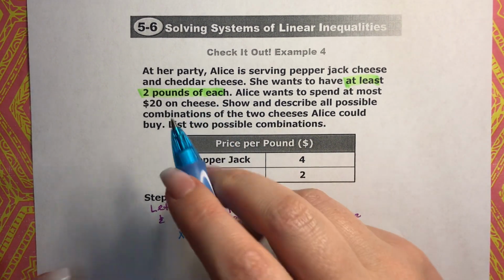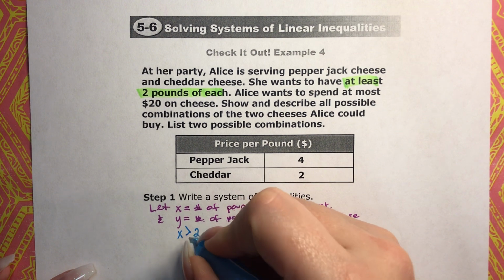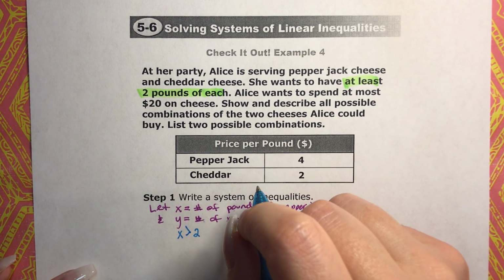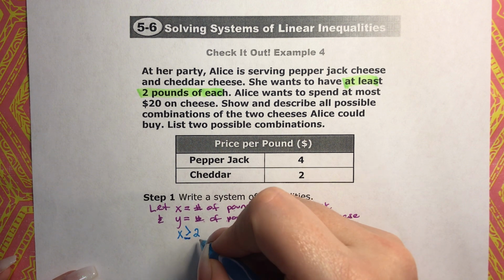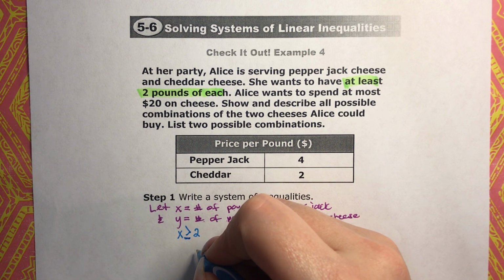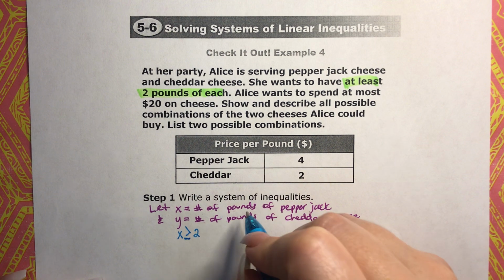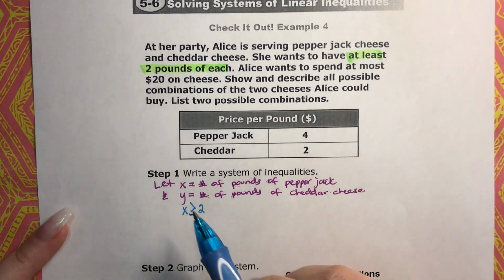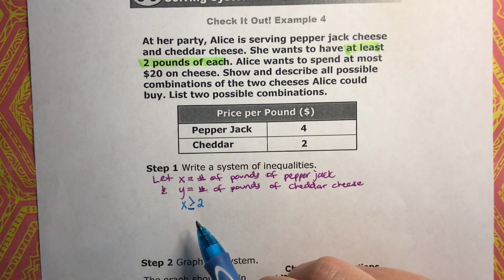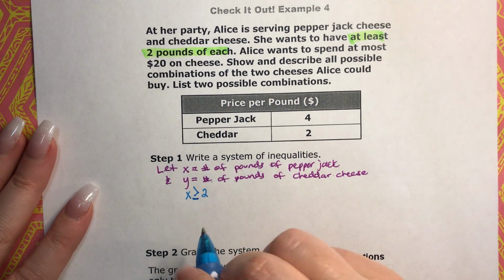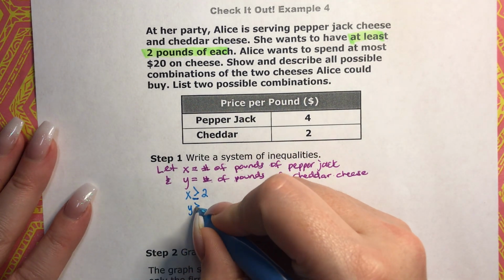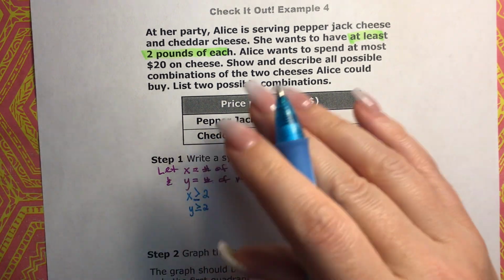So that means it can be more. x can be more, but at least means that it still can equal 2, so x is greater than or equal to 2. There's going to be at least 2 pounds of pepper jack, which means it can be more, but at a minimal 2 pounds. And the same is true for the cheddar cheese, so we're going to use y is greater than or equal to 2.